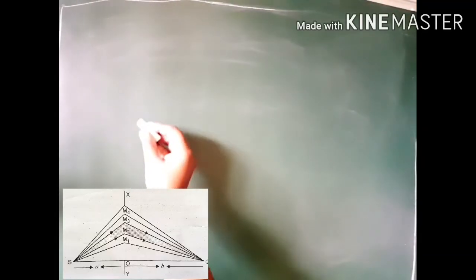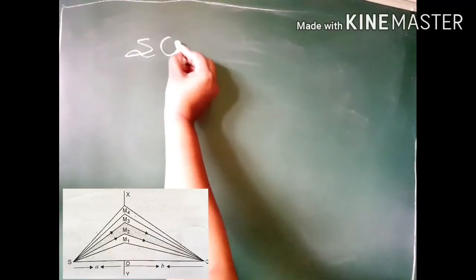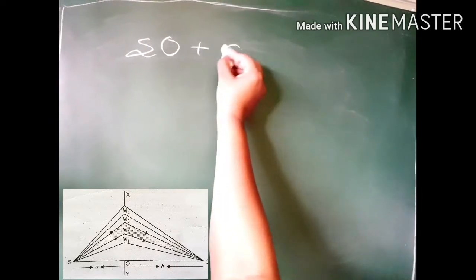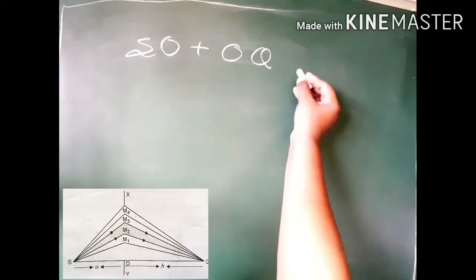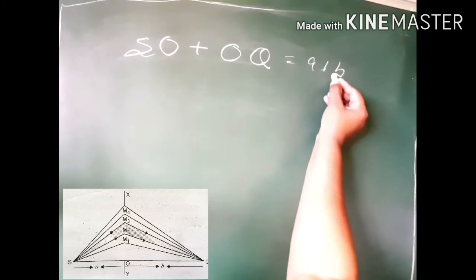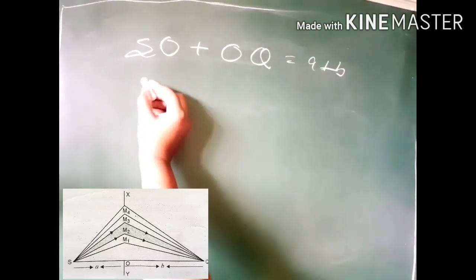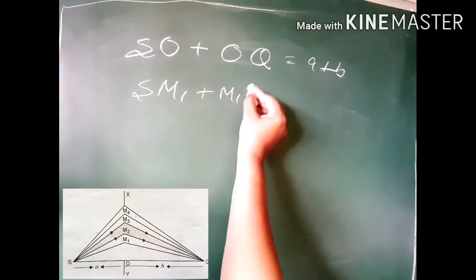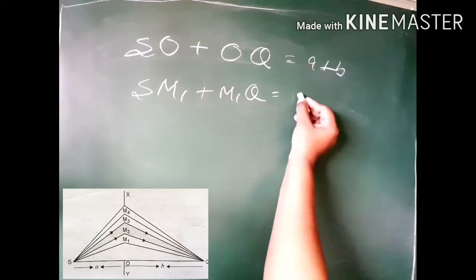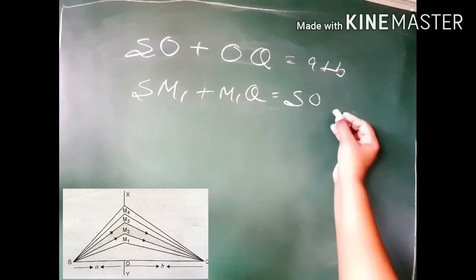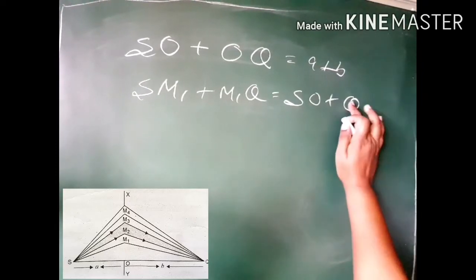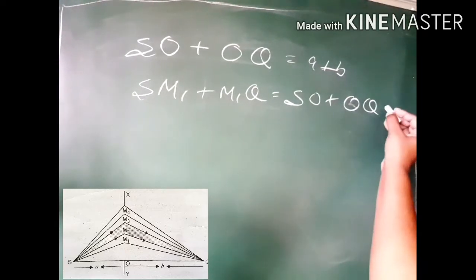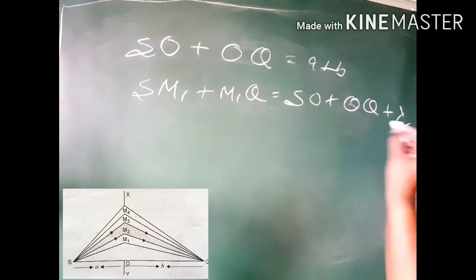Now from this figure we have SO plus OQ is equal to a plus b, and SM1 plus M1Q is equal to SO plus OQ plus lambda by 2.